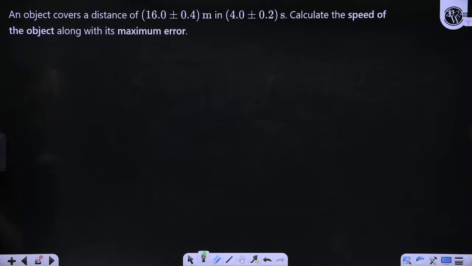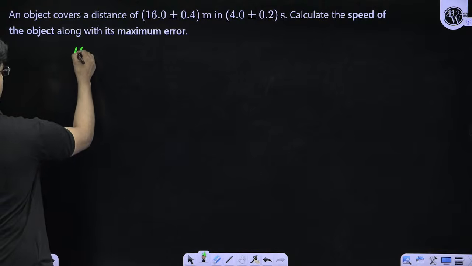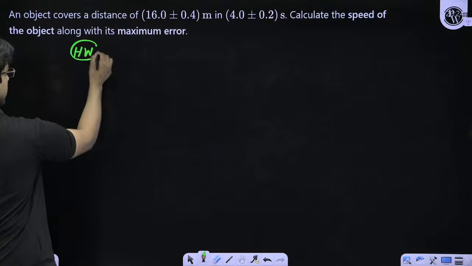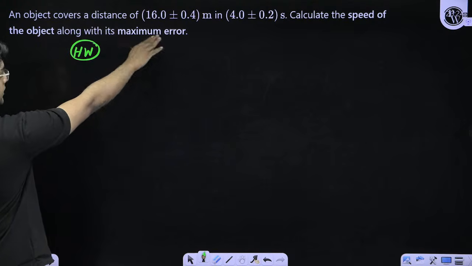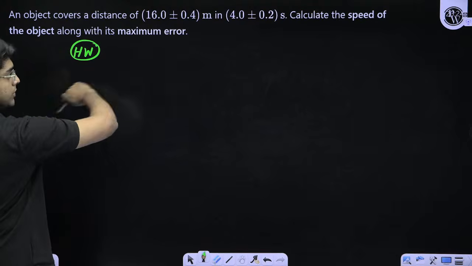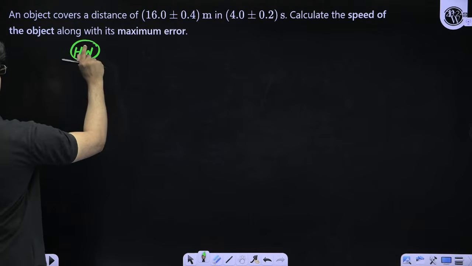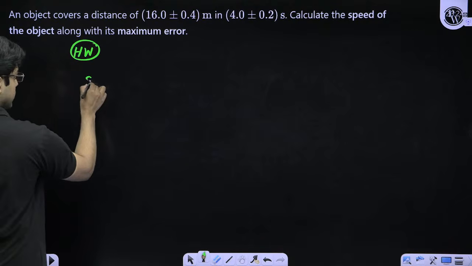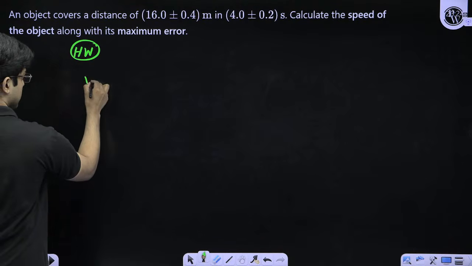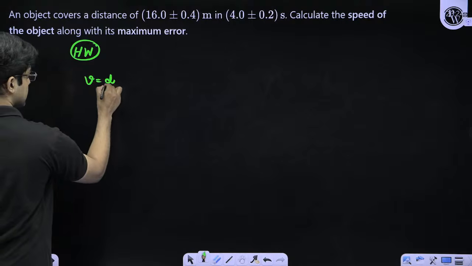Now this question you guys take as homework. Here I'll explain the logic. Distance measurement is given, time measurement is given. You have to calculate the speed of the object. Speed is equal to distance by time. This is just constant speed motion.